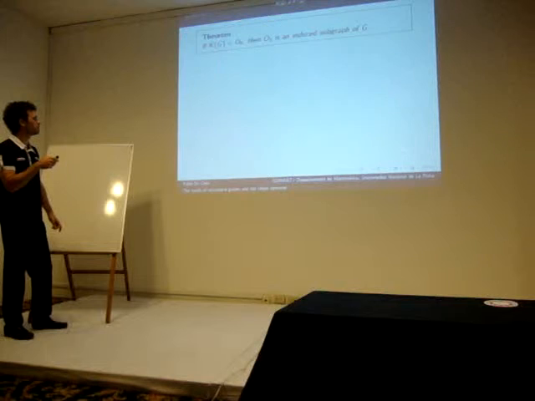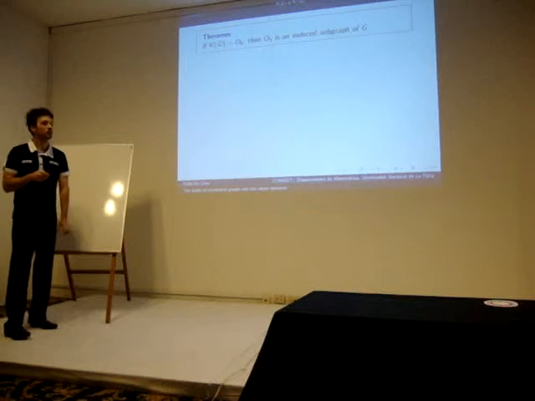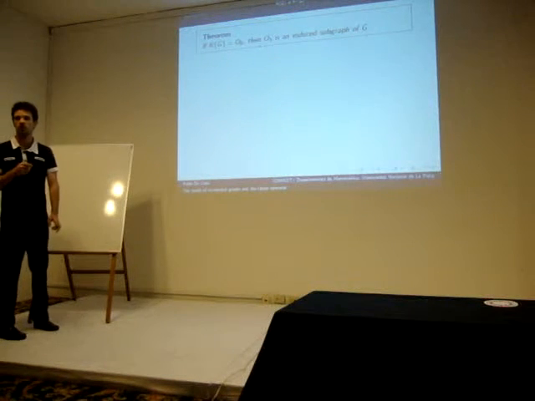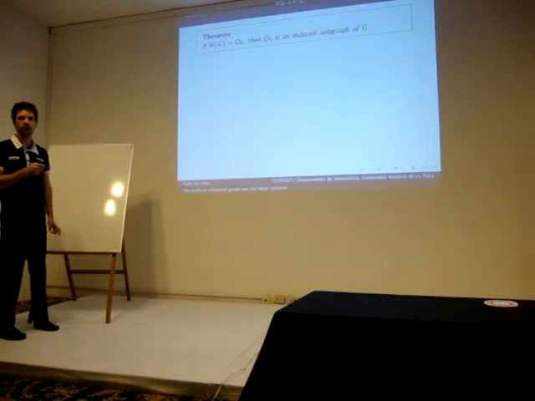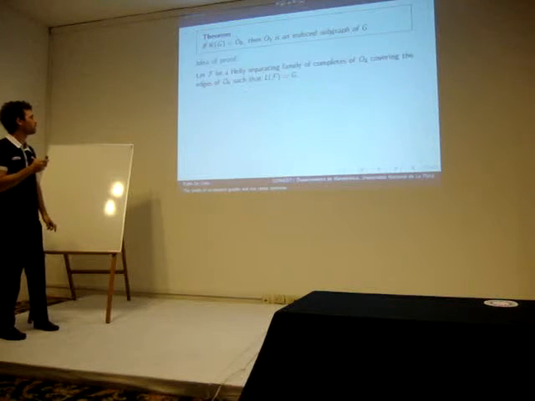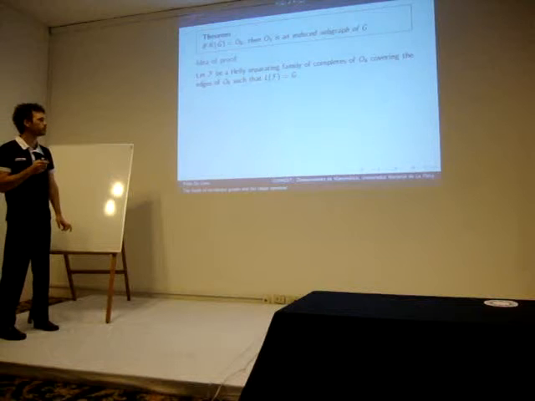Well, that being said, we can prove that any graph whose clique graph equals O4 has O3 as an induced subgraph. An idea of the proof is the following.